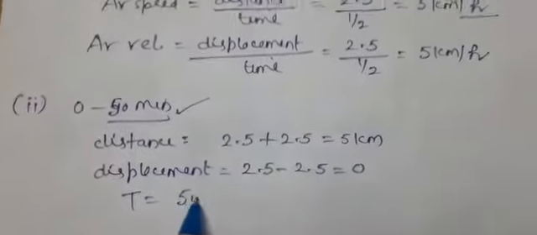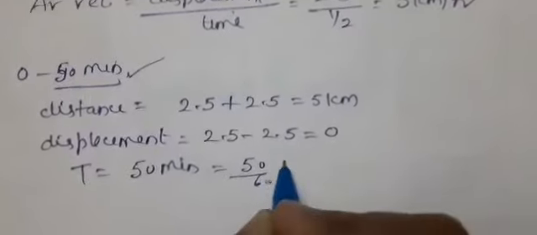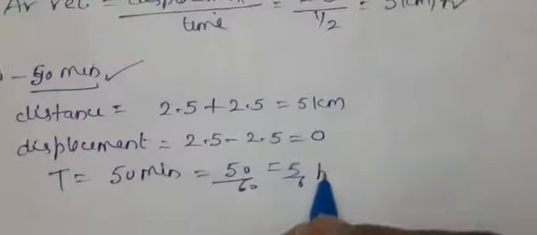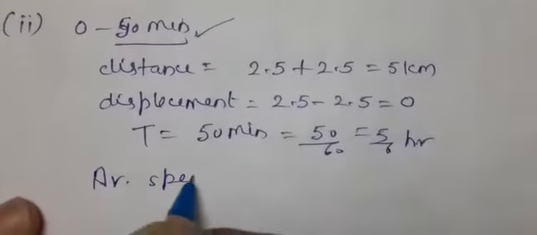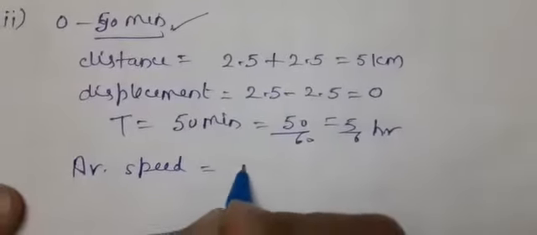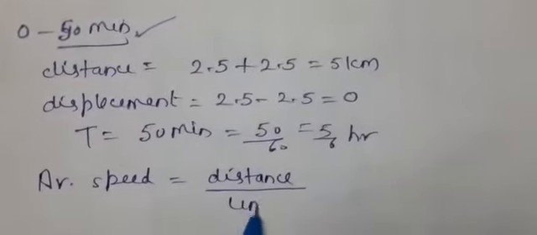Time interval has been given. Time is 50 minutes. You can convert it into hours. This is divided by 60, so it is 5 by 6 hour. So now average speed will be distance upon time.